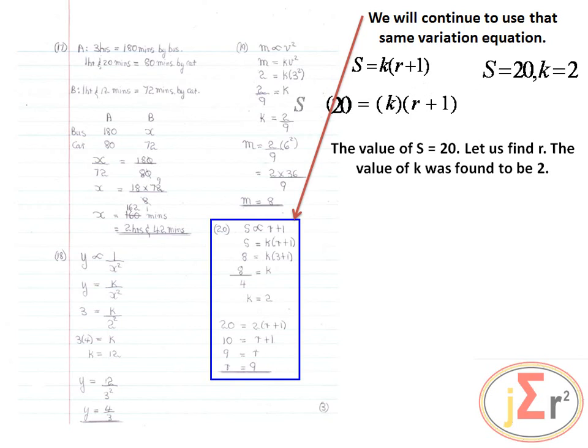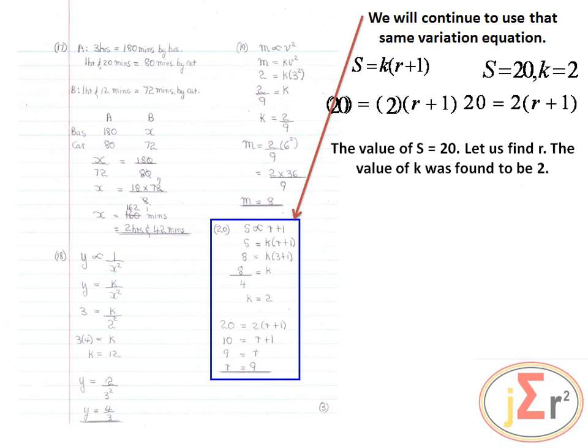So 20 fits exactly into the slot that is made available for it, and K is equal to 2. What do we do? Well, we have two options. One of them is expand the brackets by multiplying throughout by 2.